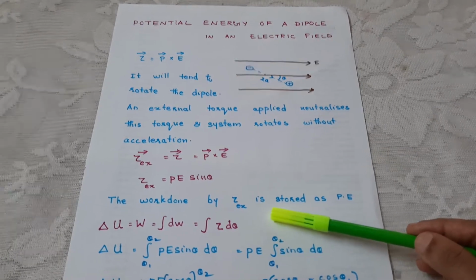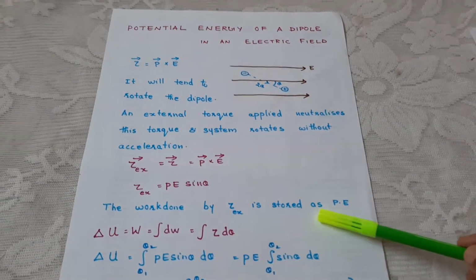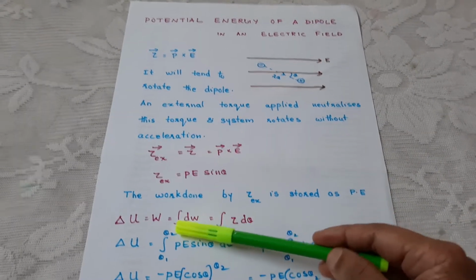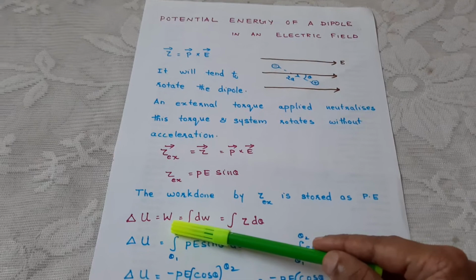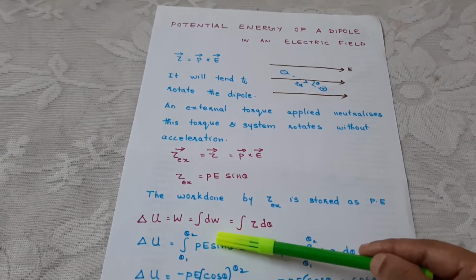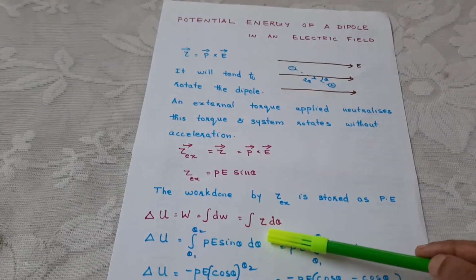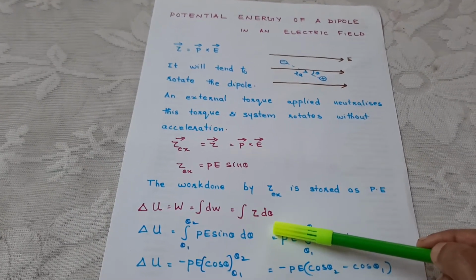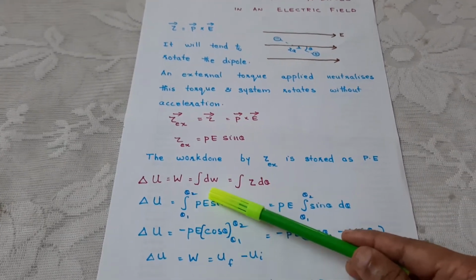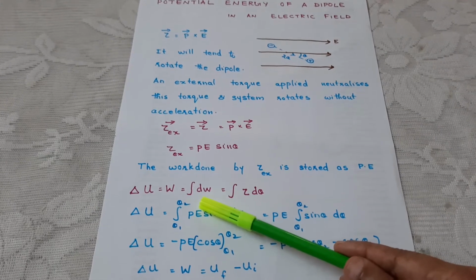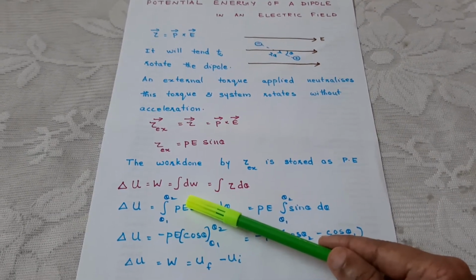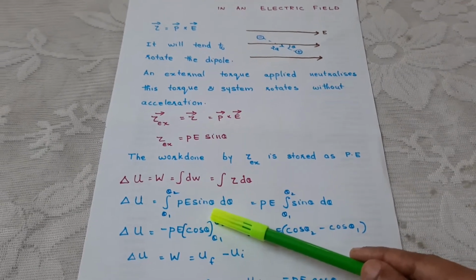The work done by the external torque is stored as the potential energy of the dipole. The increase in potential energy delta U is the work done, equal to integral dW, that is equal to integral tau d theta, that is equal to integral theta 1 to theta 2, initial orientation theta 1 and the final orientation theta 2, pE sin theta d theta.